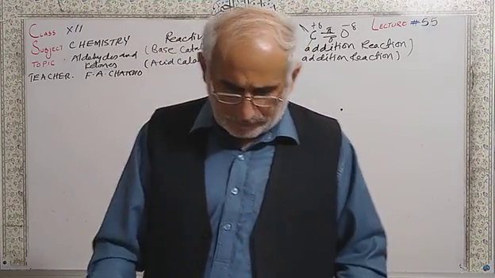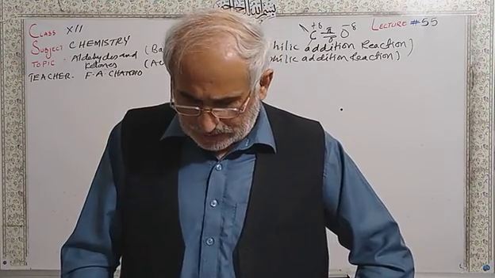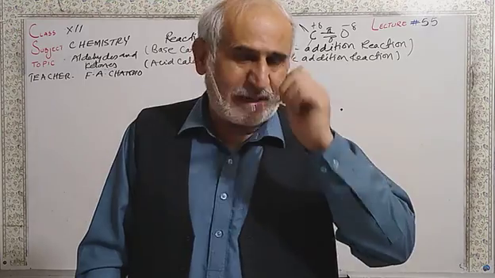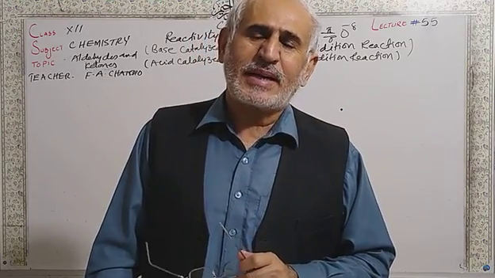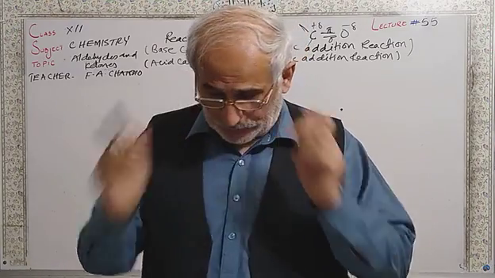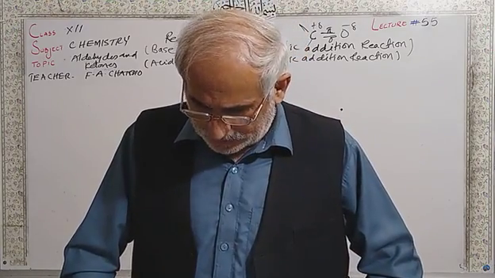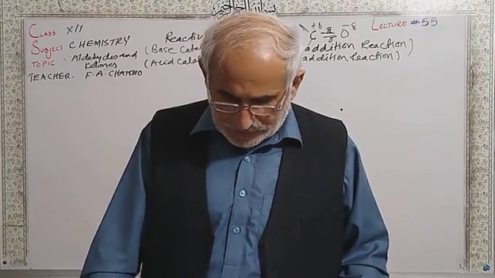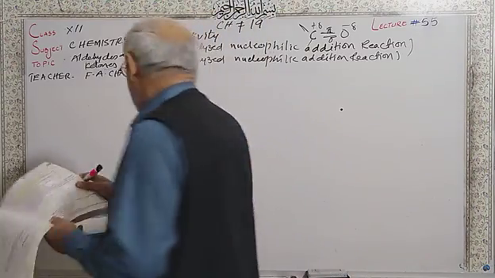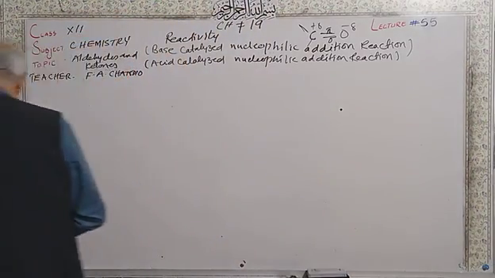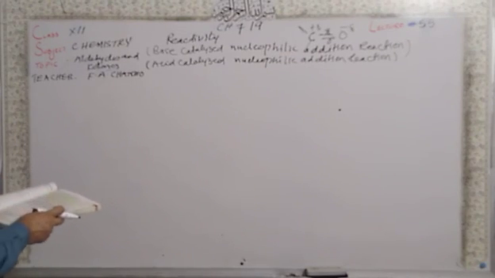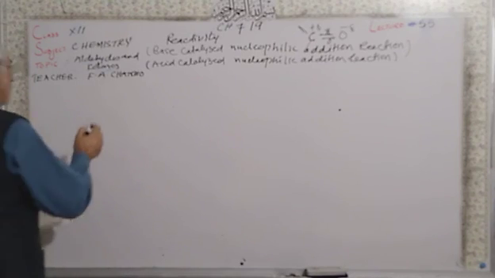When you start the nucleophilic addition reactions, either acid catalyzed or base catalyzed, you will get the same product. I am going to write the general reaction mechanism of the base catalyzed nucleophilic addition reaction.